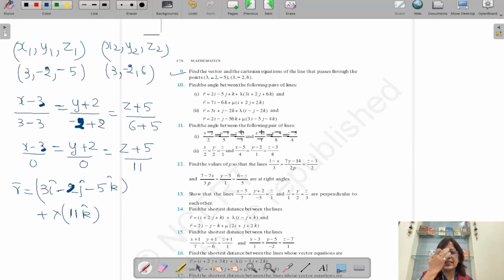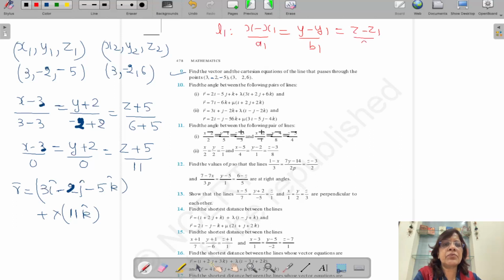Now the next thing is, if two lines are given, again the next set of formulas. The first set we have done, line passing through a point and parallel to a vector. The second set also we have done. Now if the lines are given, the first line denoted by L1 is x minus x1 upon a1 is equal to y minus y1 upon b1 is equal to z minus z1 upon c1.